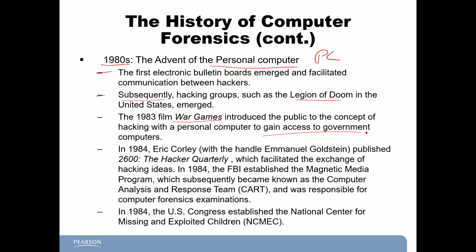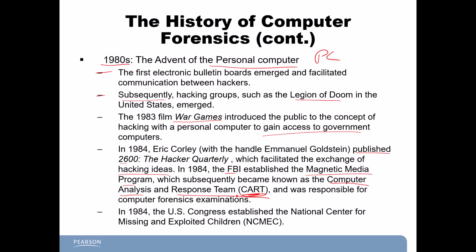In 84, we had other people publishing material. They published 2600: The Hacker Quarterly, which facilitated the exchange of hacking ideas. Also in 84, the FBI established the Magnetic Media Program, which became the Computer Analysis and Response Team, known as CART.